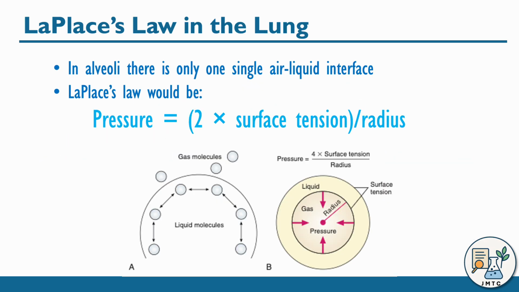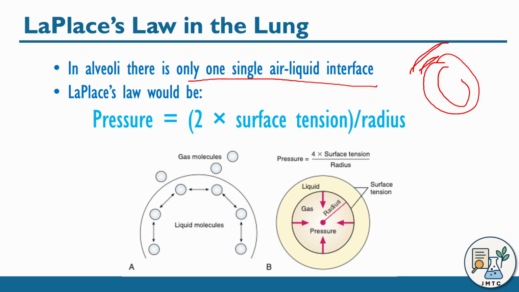In the lungs, we're not dealing with a full bubble. We're dealing with alveolus with only one single air liquid interface. Anong ibig sabihin nito? Si soap bubble kasi natin, yung kaninang merong formula na 4 surface tension over radius, meron siyang inner, nasa loob na liquid air as surface, at meron din siyang outer, liquid din, at may air din siya doon.